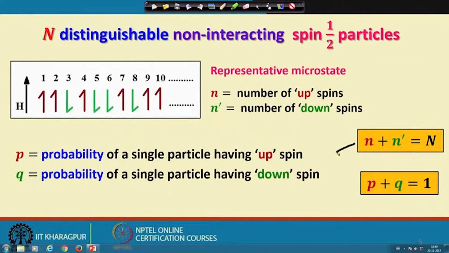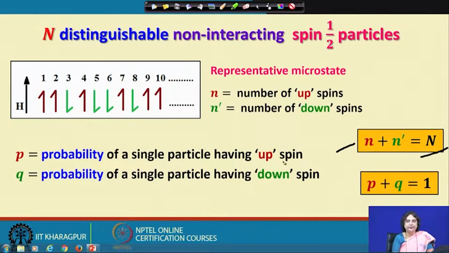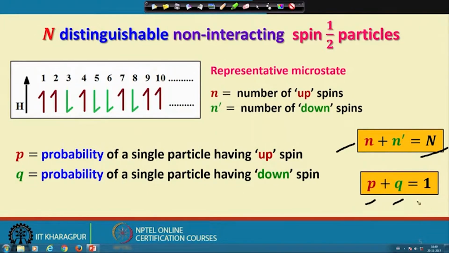First, the number of up spins plus the number of down spins must add up to the total number of particles capital N. Similarly, since there are only two options for a given spin, I must have p plus q equal to 1. So, this is the normalization condition.